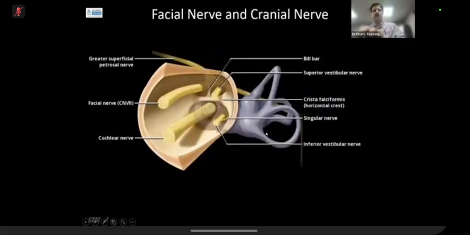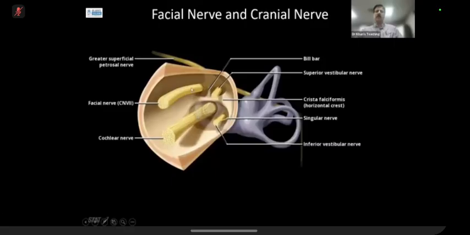Now, this is a potential exam scenario because we can see it on an MR, on a sagittal sequence of MR. Within the lateralmost part of the internal auditory canal, actually there are 4 nerves. And as I was telling you, they can be seen on an MR, and this has been asked in the examination.